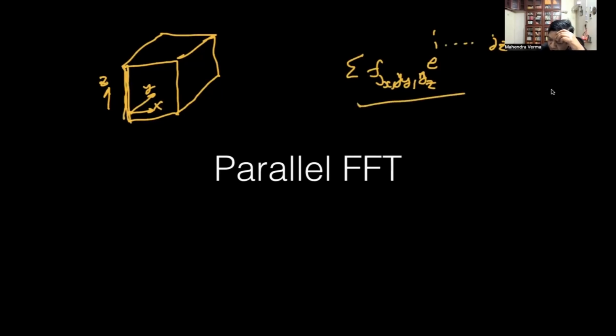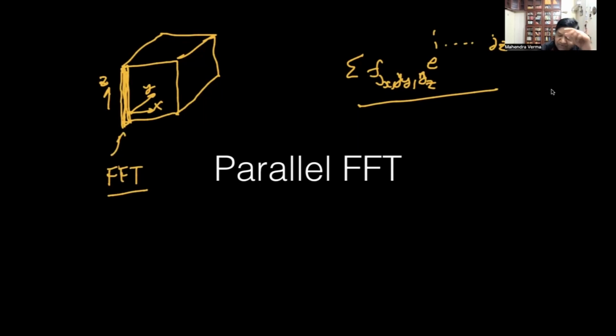Instead of doing order n squared, I can do it in order n log n. So we basically use FFT on 1D transforms. Each 1D transform is a fast Fourier transform.